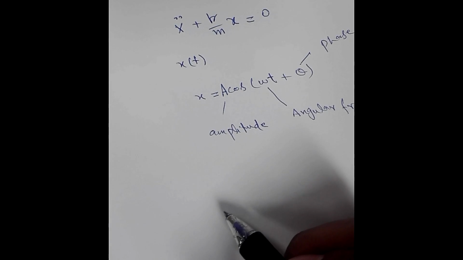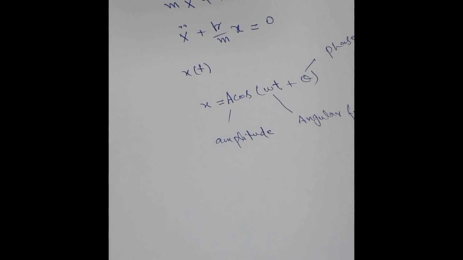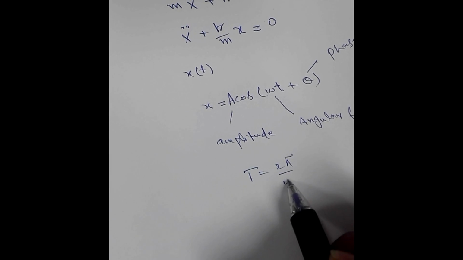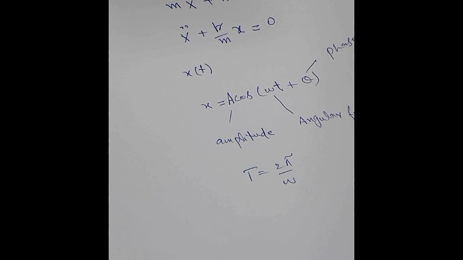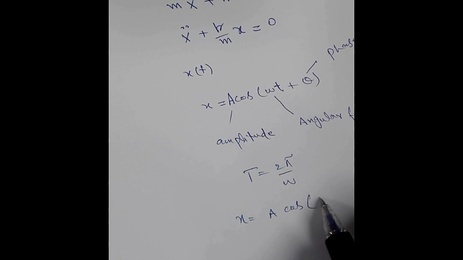So if we substitute t as 2 pi over omega in this equation, the function will be like a cos of simply 2 pi plus theta.